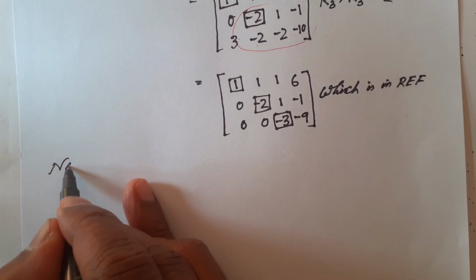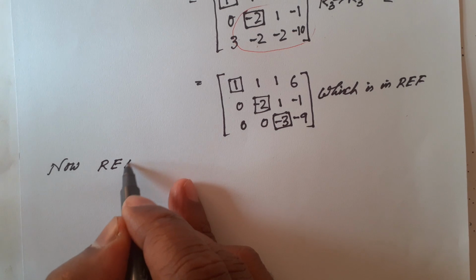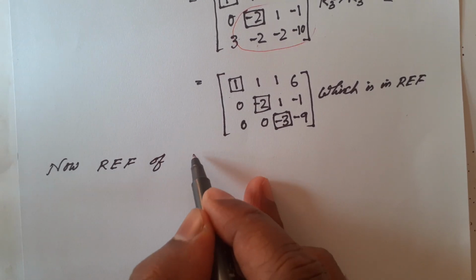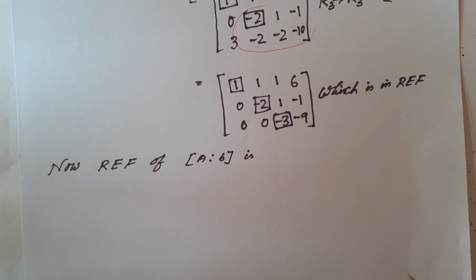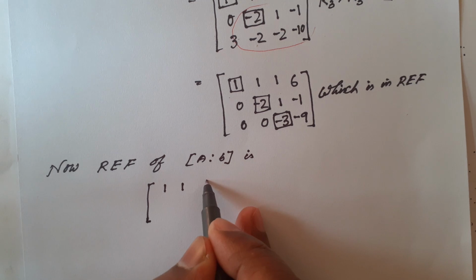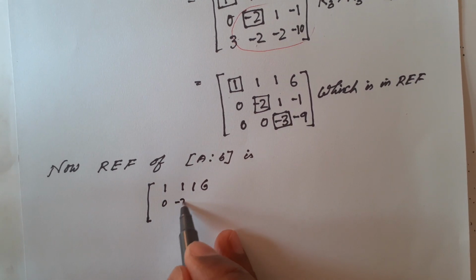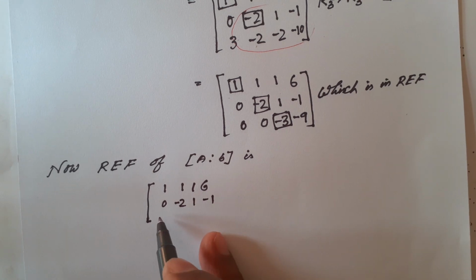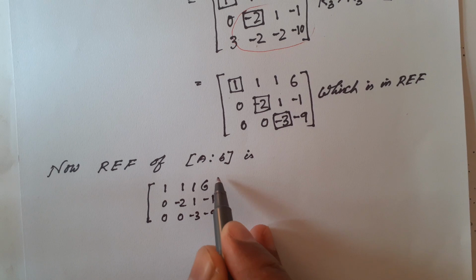Row echelon form of the matrix AB is 1, 1, 1, 6, then 0, minus 2, 1, minus 1, then 0, 0, minus 3, minus 9.